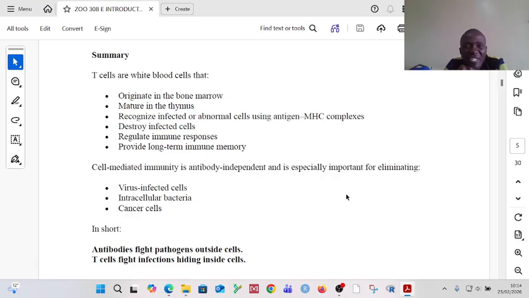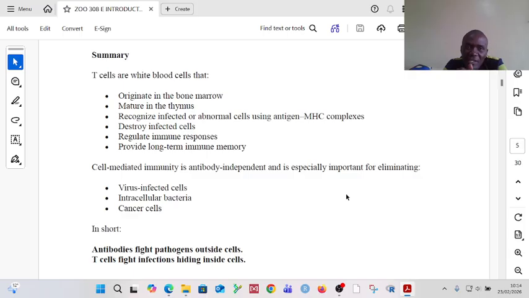The proteins that present the antigen are major histocompatibility complex proteins. So for the T cell to recognize an antigen, that antigen must be joined and presented by an MHC protein.